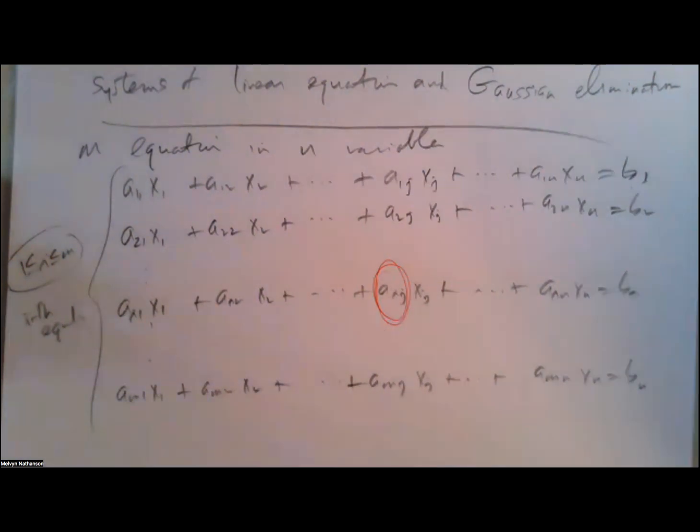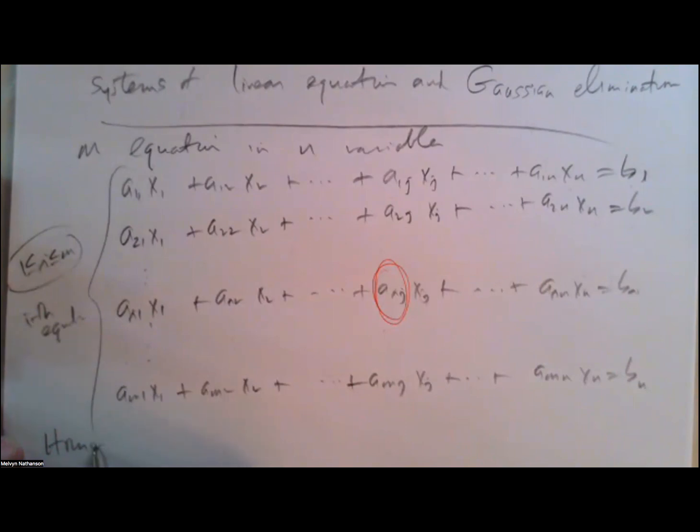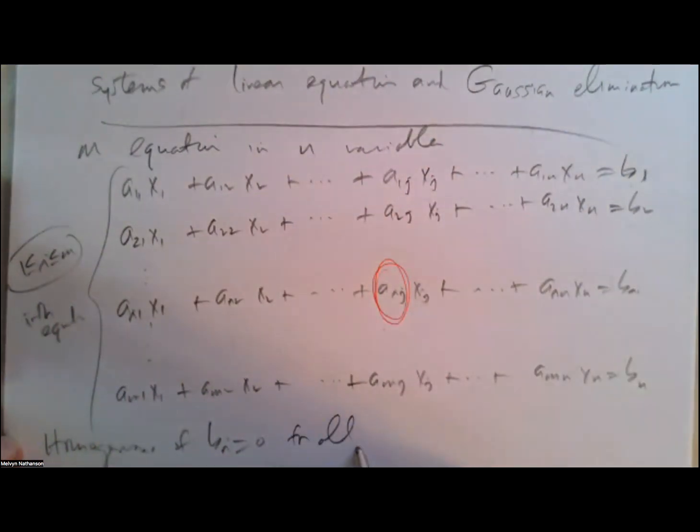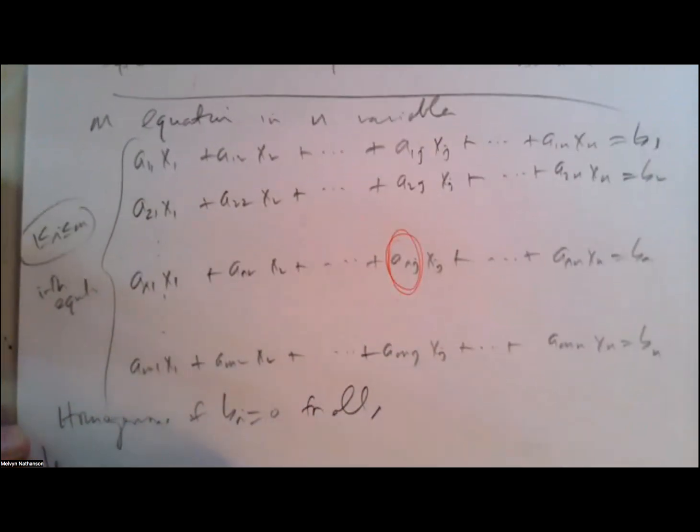This never changes. The system is homogeneous if all of the bi equal 0, that is, the right-hand sides are all 0 for all i, and inhomogeneous if even one of these is non-zero, if bi is different from 0 for some i.